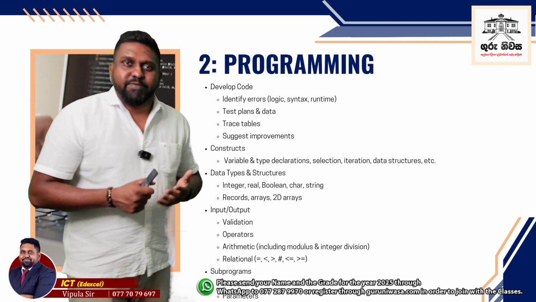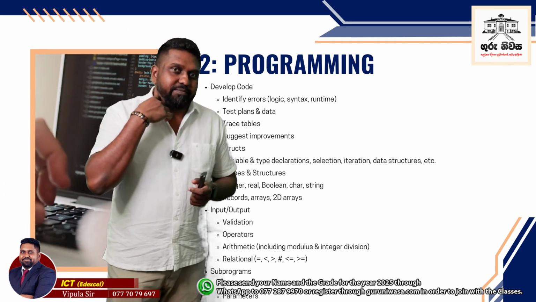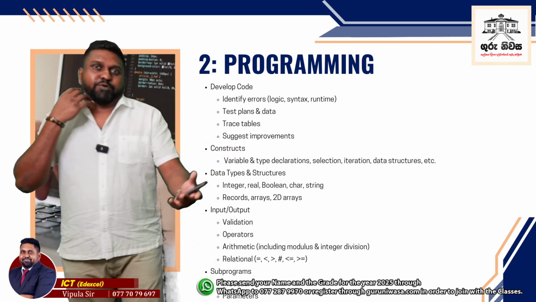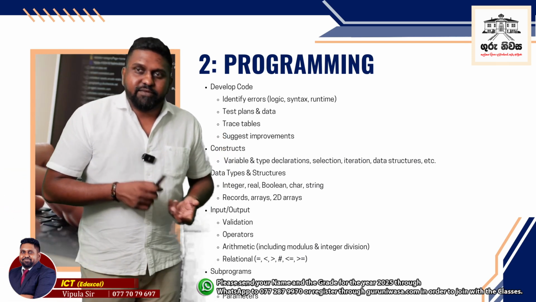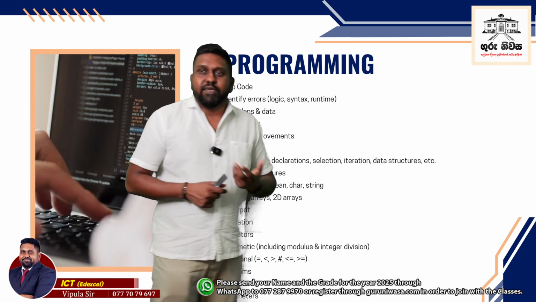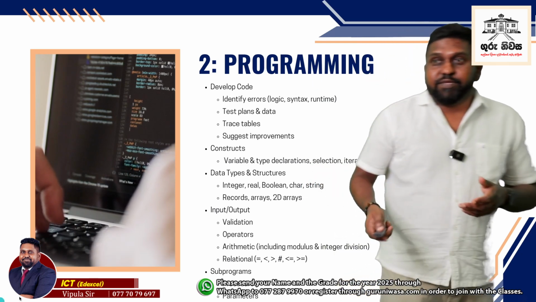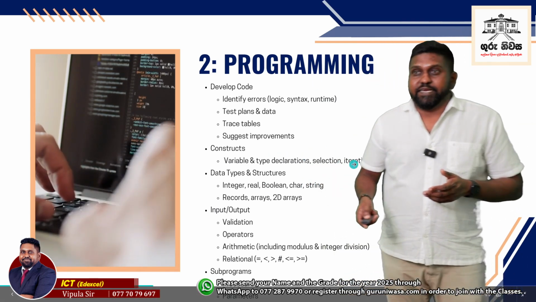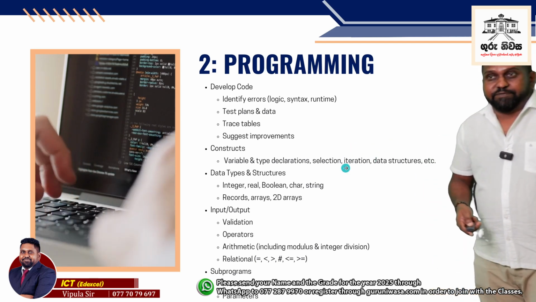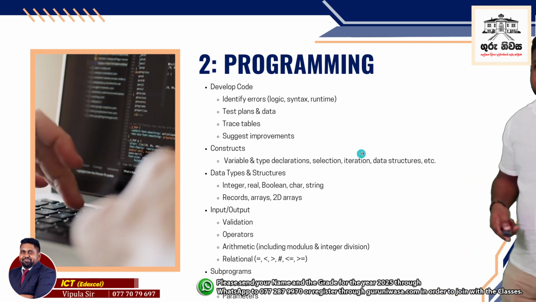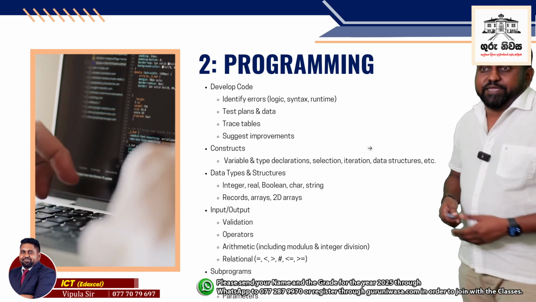The data has to be saved in a particular structure so that it can be accessed to process or to perform some sort of activity. This structuring is what we will learn during the constructs module, where we will be talking about variable types and declarations, how to declare a variable, what types of selections there are, and also one important point, which is known as iterations.